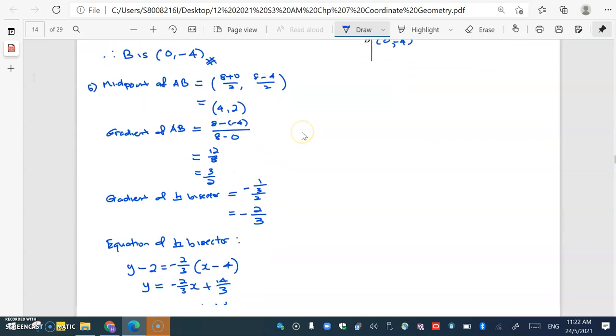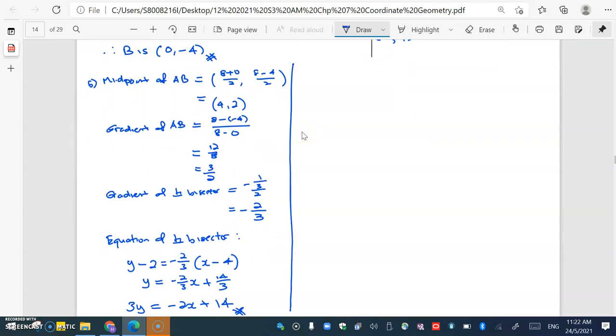So let me draw. All right, so for part C, to find the coordinates of C, given 3y equals negative 2x plus 14, given y equals 8x minus 4.